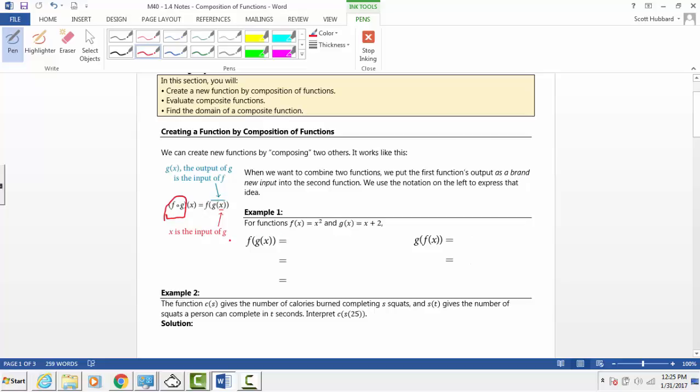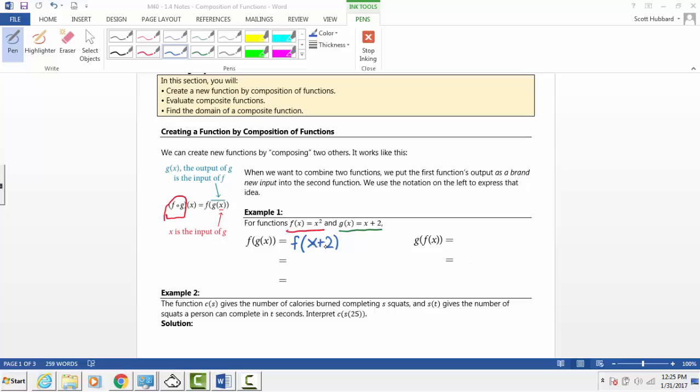It'll be easier to see with an example. If we take these two functions, f and g, this is asking us to do f of g of x. What that means is that you do f of whatever g of x is. And g of x takes this input and adds 2, so it's going to be x plus 2.